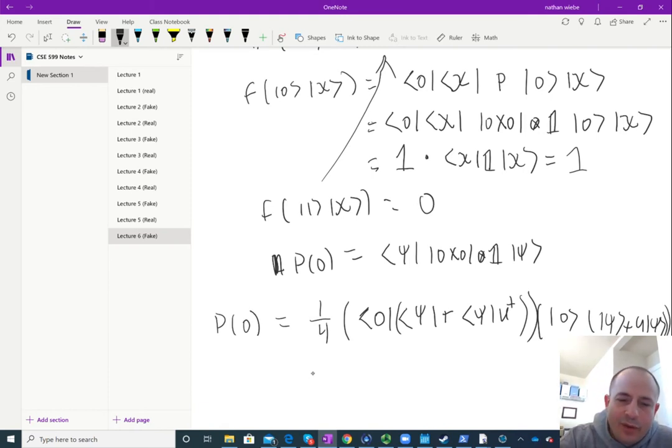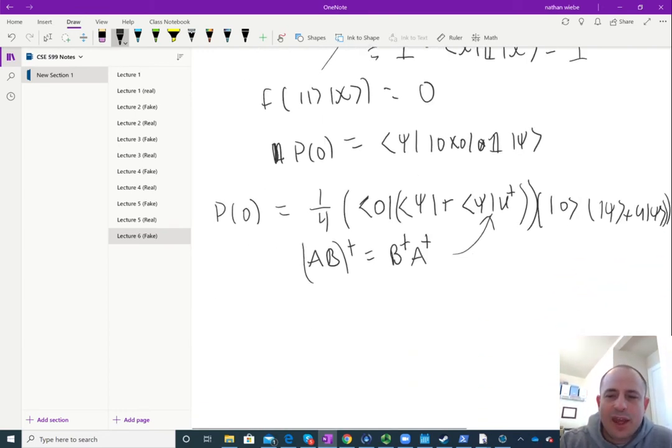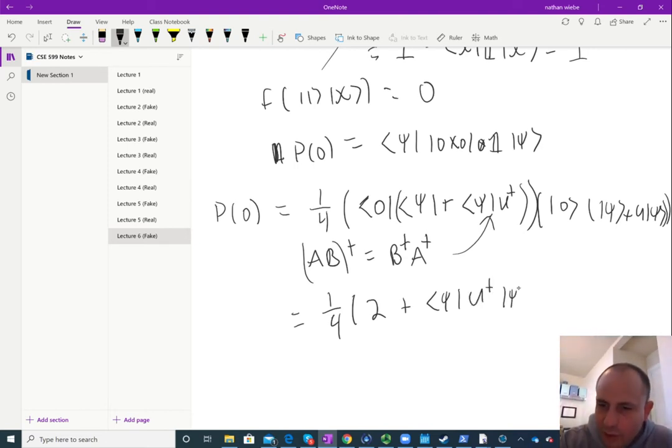And here I've just used the fact that the adjoint of AB is equal to B adjoint A adjoint. And that's how I got this when I take the adjoint of the other terms. So computing this inner product, we get that this is equal to 1/4 of 2 plus psi u dagger psi plus psi u psi.